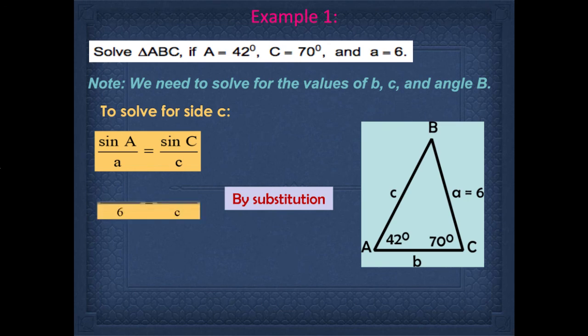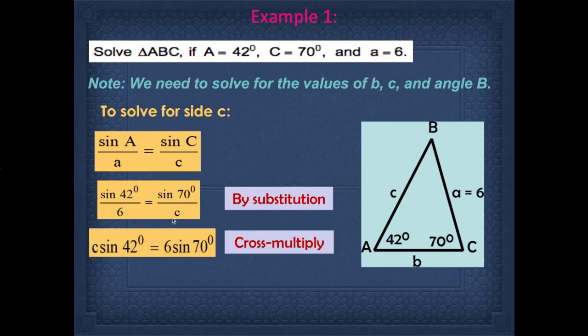By substitution, angle A is 42, so we have sine of 42 degrees over side a, which is 6, equals sine C, where C is 70 degrees, over c. Next, we cross multiply: c times sine 42 degrees is equal to 6 times sine 70 degrees.